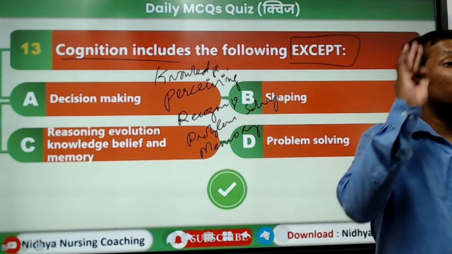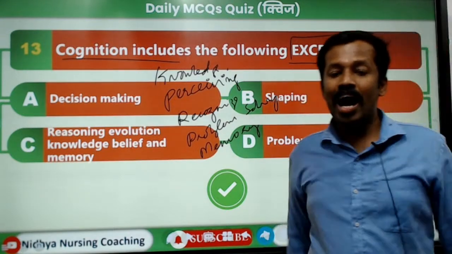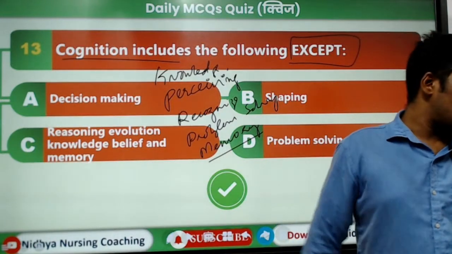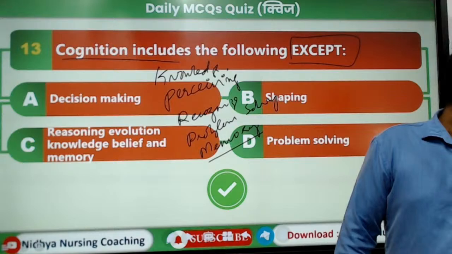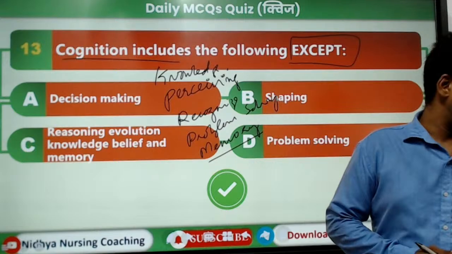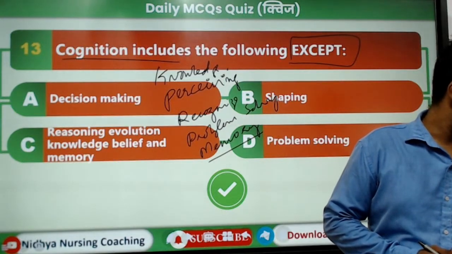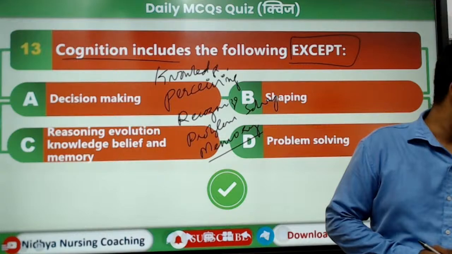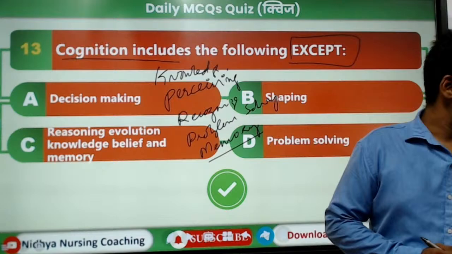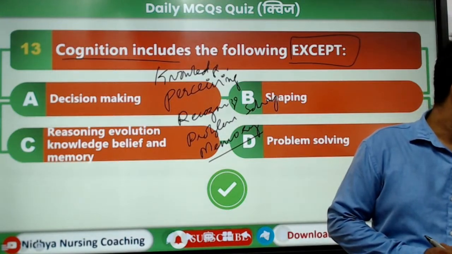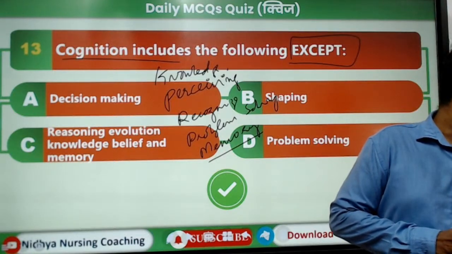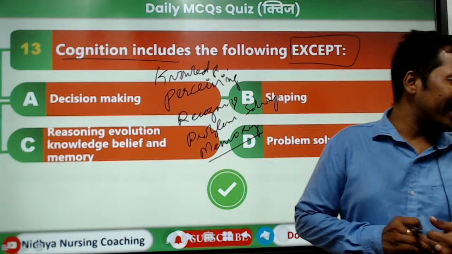Attention, thinking, critical thinking, memory, reasoning, decision making, conceiving and learning.